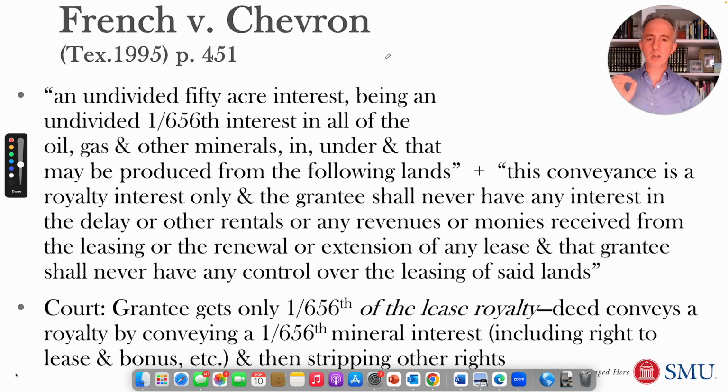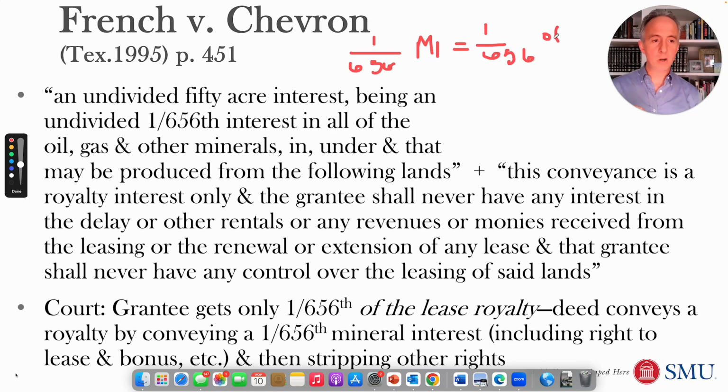So think about that for a second. If you have a 1/656 mineral interest, right? What does that usually mean you have? Well, that means you're going to get 1/656 of the usual lease royalty, right? Of royalty.